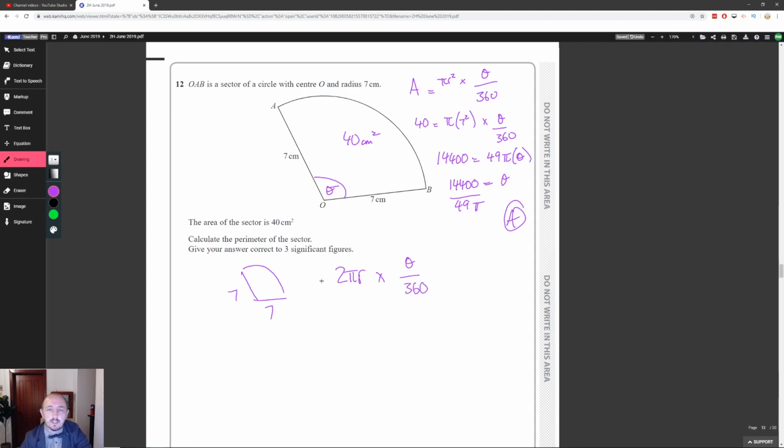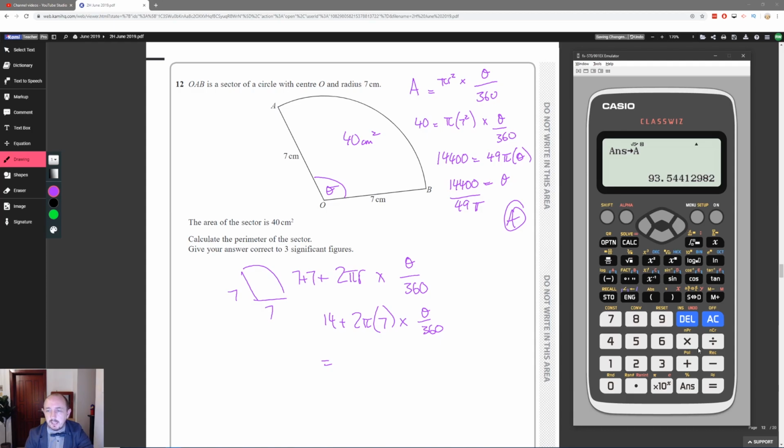We've stored theta in our memory, so we've got 7 plus 7 plus the arc length, so 14 plus 2 times pi times 7 times theta over 360, and that will give us, so there's our theta divided by 360 times 14 pi, and then plus 14.